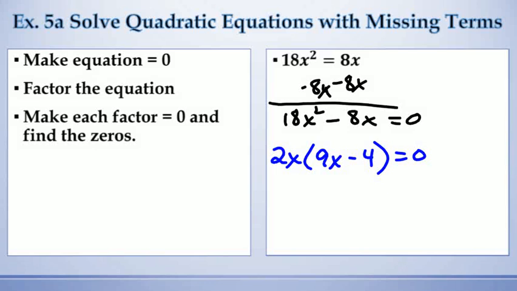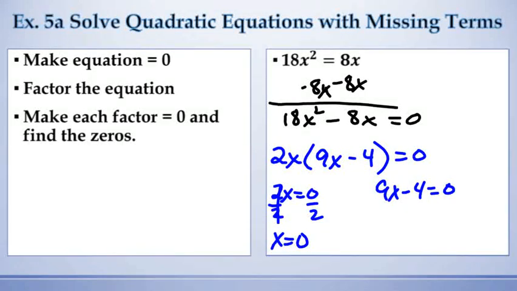So if I do that, 2x equals 0. To get x by itself, I divide by 2. X equals 0. Over here, 9x minus 4 equals 0. To get x by itself, I add 4 to both sides. So 9x equals 4. Divide by 9 on both sides.